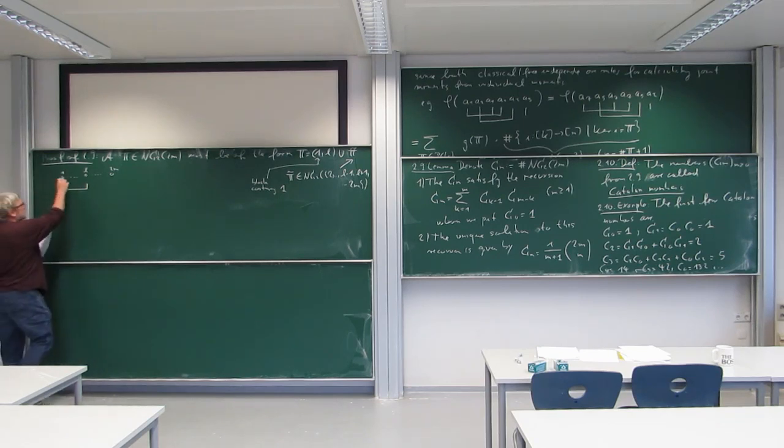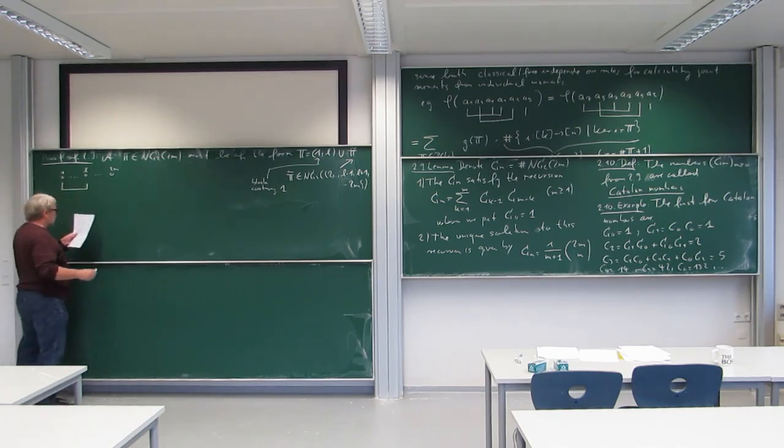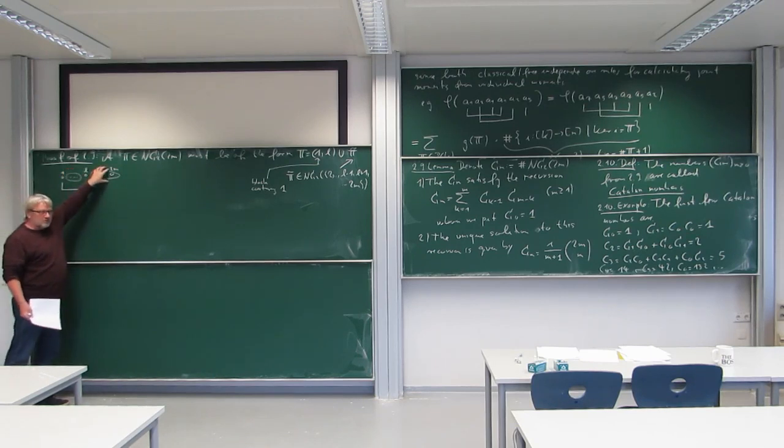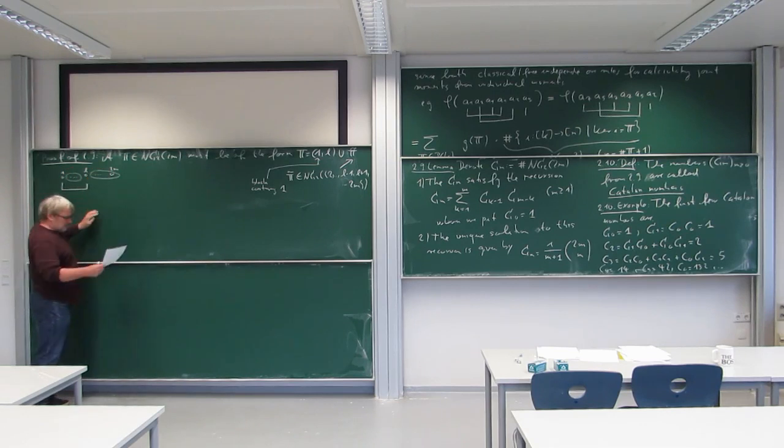And then I have the remaining points. And now, of course, this pi twiddle cannot pair anything from here with anything from here, because otherwise I would get a crossing with this block. No? Okay. So this means the pi twiddle must decompose into a partition of those points and a partition of those points. And these are necessarily non-crossing partitions here and non-crossing partitions here. No?